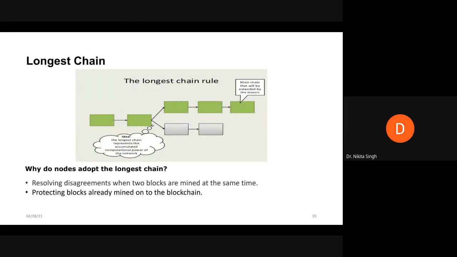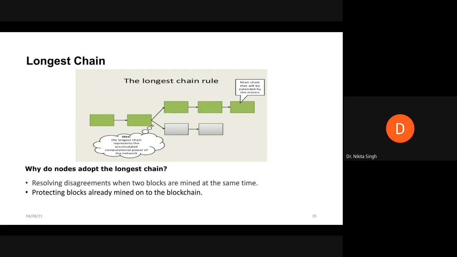Now, let us talk about this concept, which is known as the longest chain concept. So, suppose we were talking about the miner getting a hash which is less than the difficulty target. Now, it may also happen that two miners generate the block at the same time. That is, if I am a miner, I include some transactions in my block.